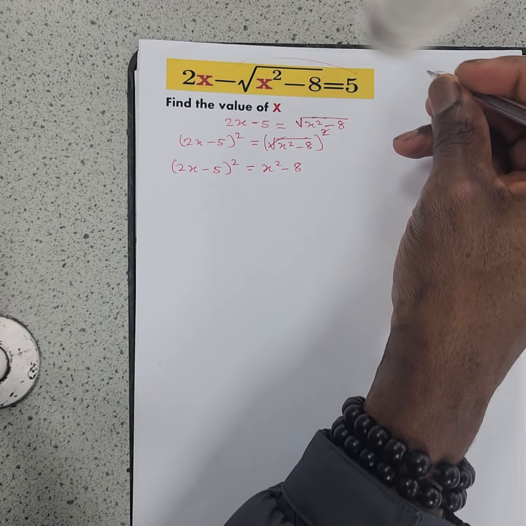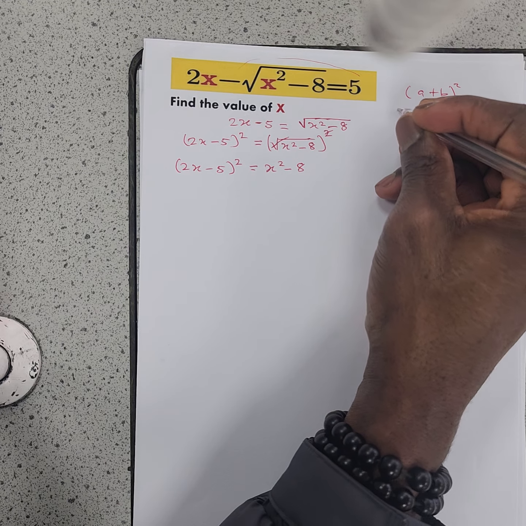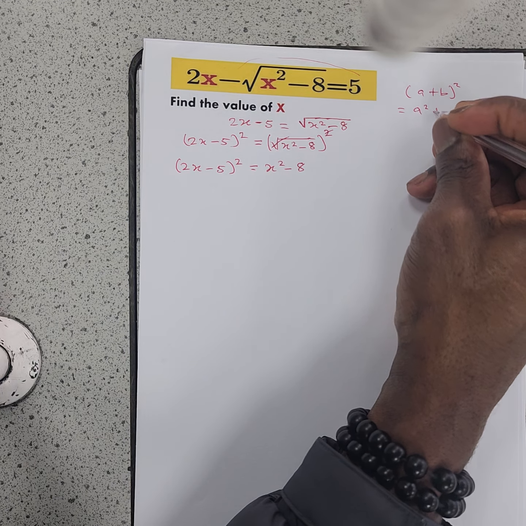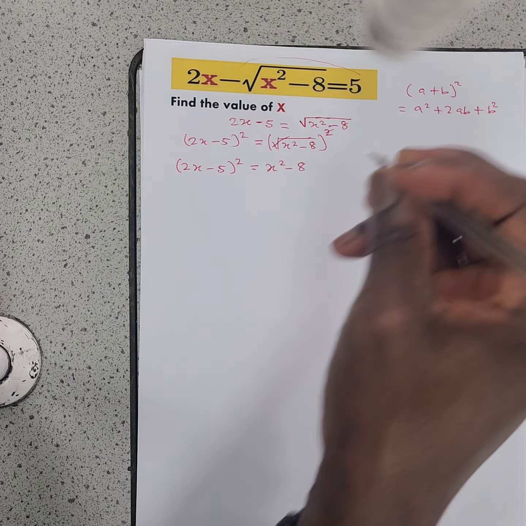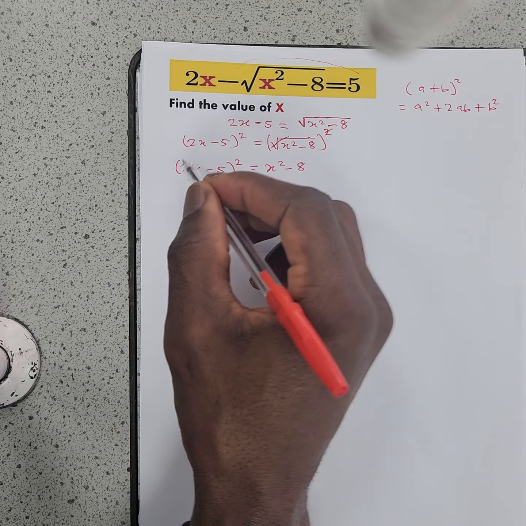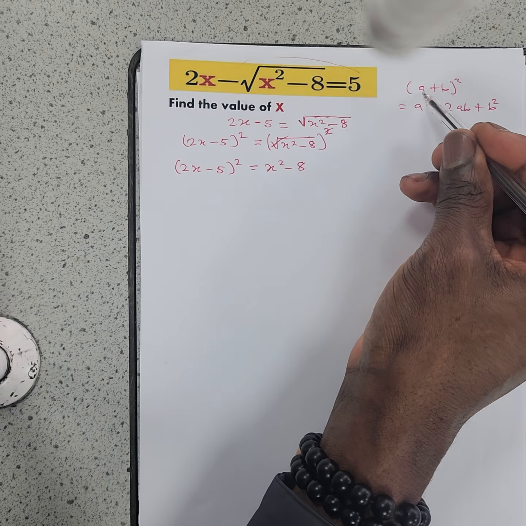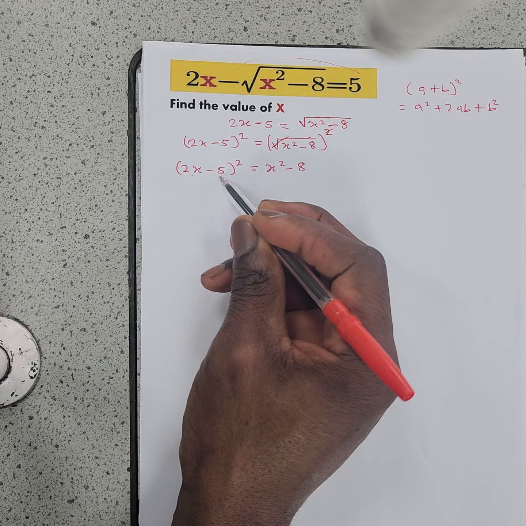To expand this bracket means whenever you have a plus b squared, it becomes a squared plus 2ab plus b squared. So if you bring this same thing here, your a now is 2x, your b is minus 5.